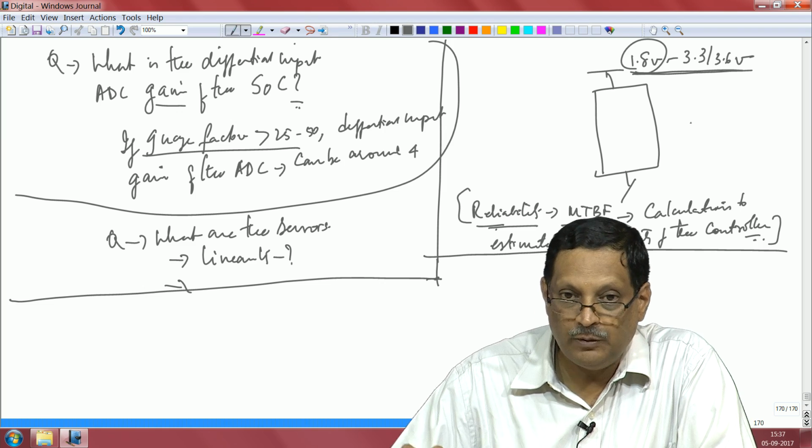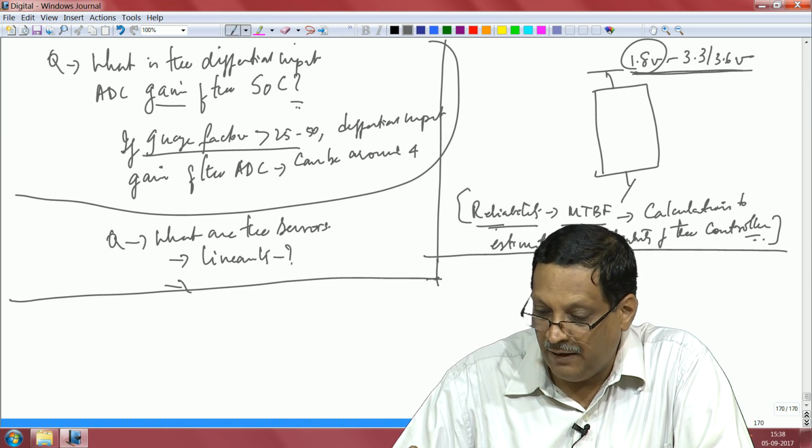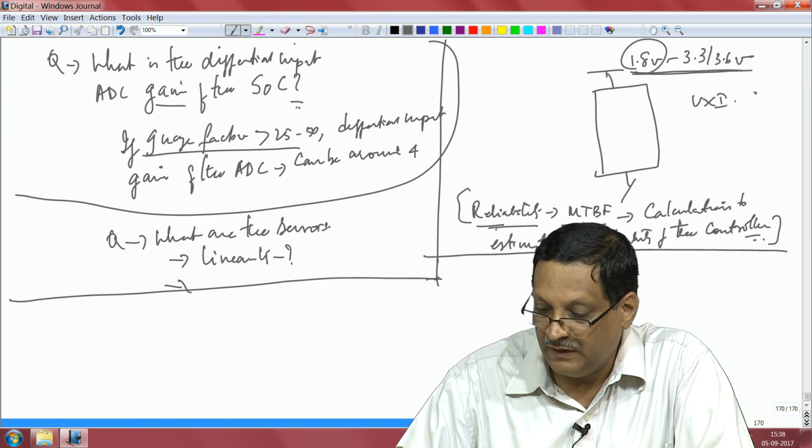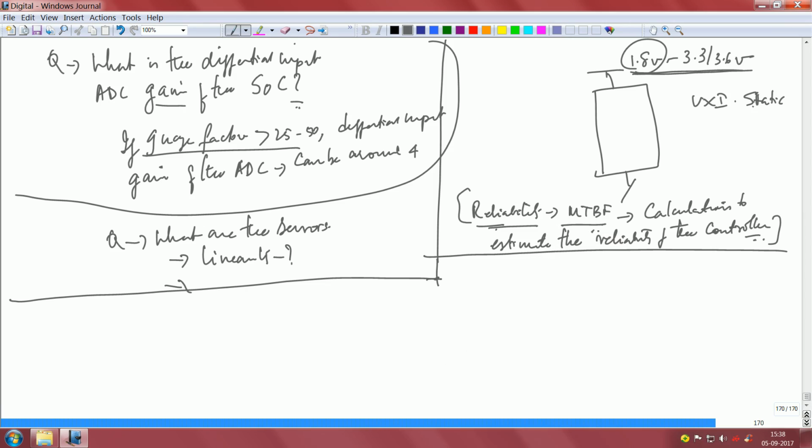When you talk about overall power consumption, static power is V into I, and C V squared F is the dynamic power. You add both of them, you get the overall power.